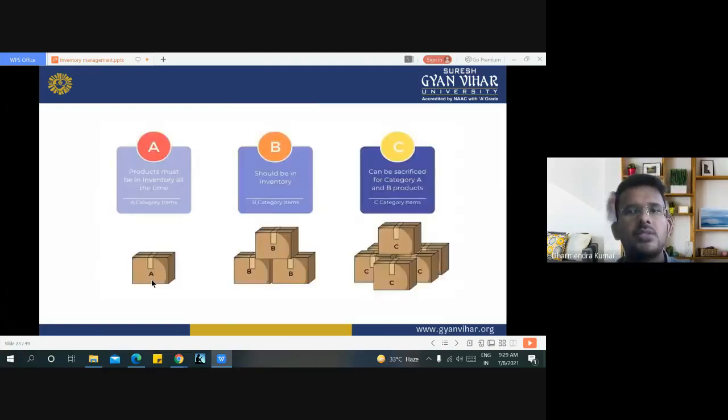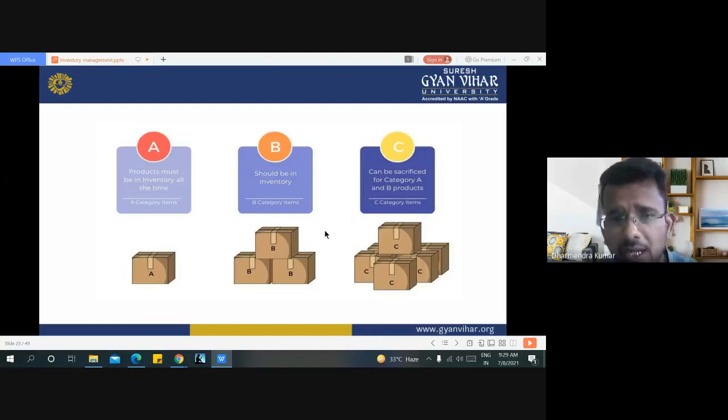Here are some charts describing ABC analysis. In group A, the product must be in inventory all the time. A category items have more inventory cost value, but the amount is small. This is usually used in any manufacturing plant.